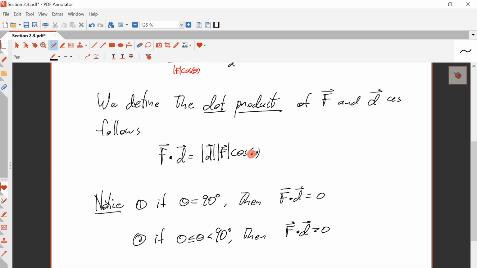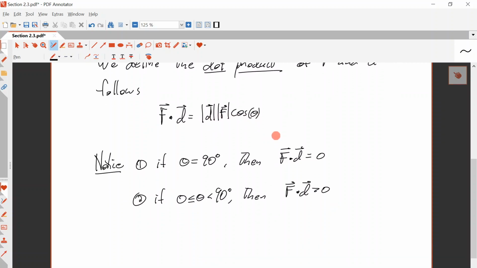When theta is 90 degrees, cosine theta is 0, and it doesn't matter what these are, it's just 0. If theta is less than 90 degrees, if it's an acute angle, this length is positive, that length is positive, and cosine is positive. So the dot product is positive.